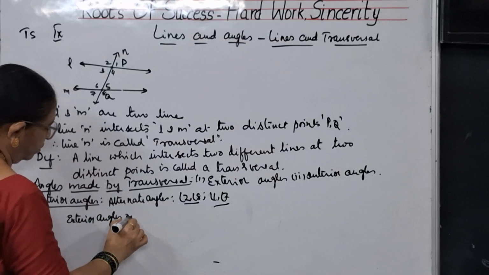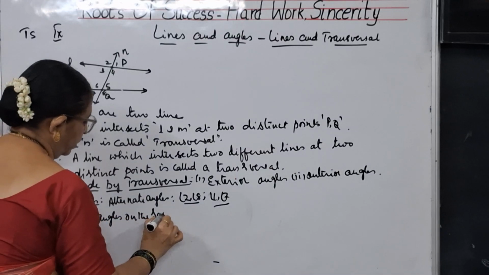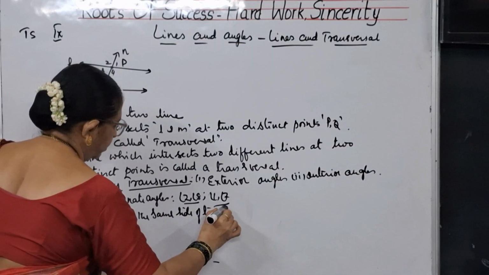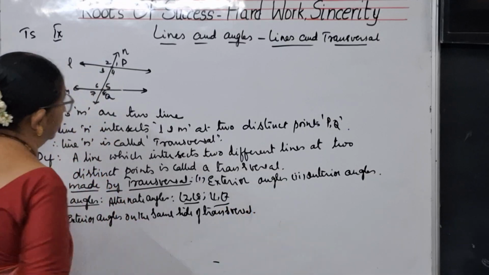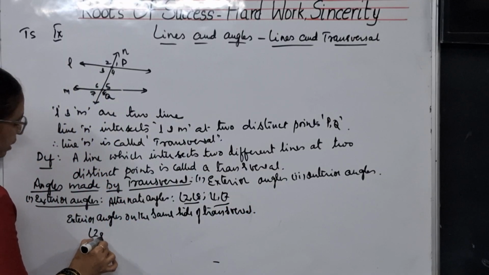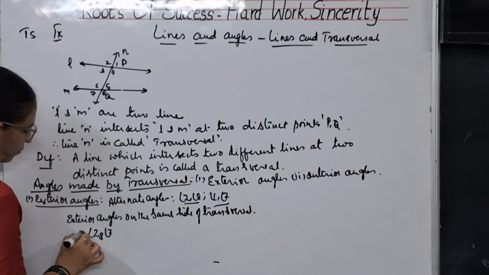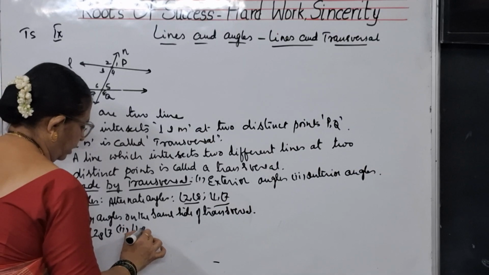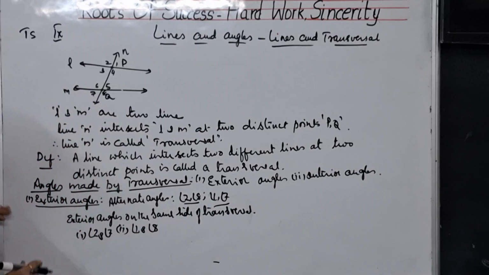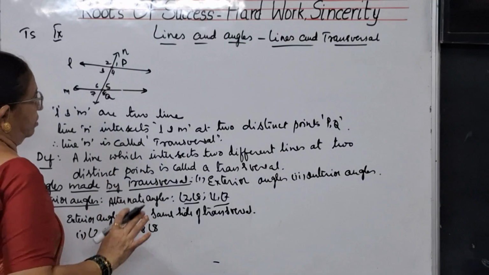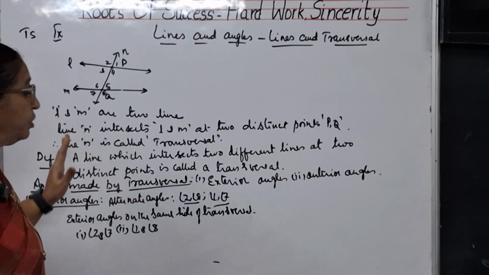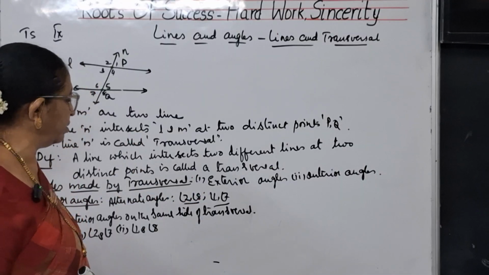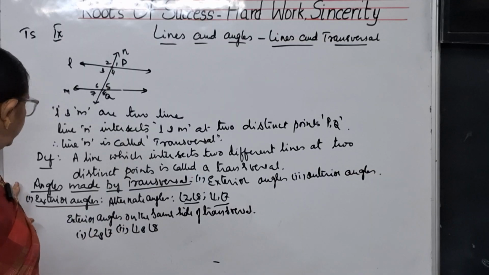They are angle 2 and angle 7, this is one set, and the second set is angle 1 and angle 8. These are exterior angles on the same side of transversal. First we need to learn the different names. Already you have got it in your previous classes, but here is a recollection in your ninth class.